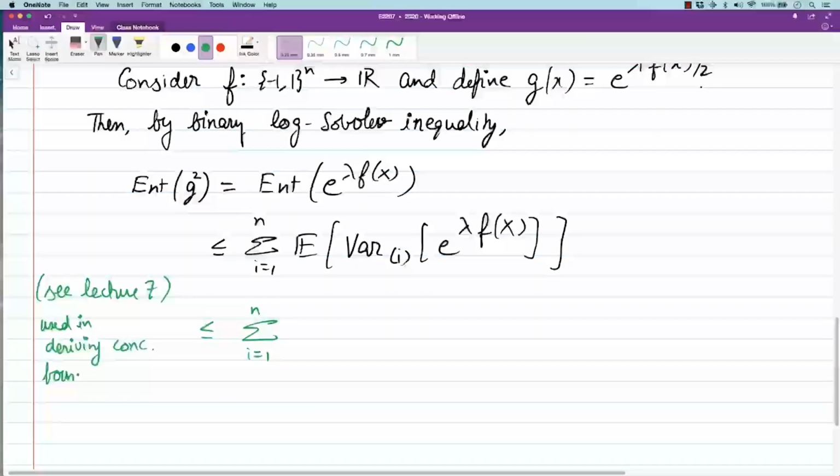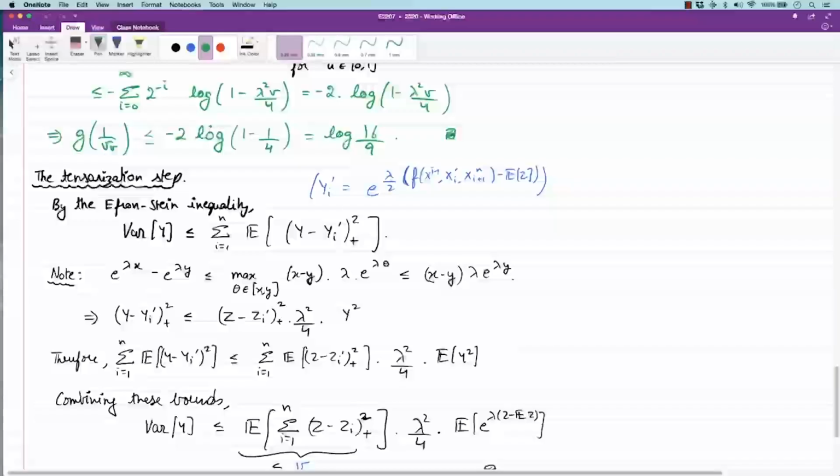Let me check what lecture that was. Was it 7? Yeah, 7. Right, so we saw this inequality.